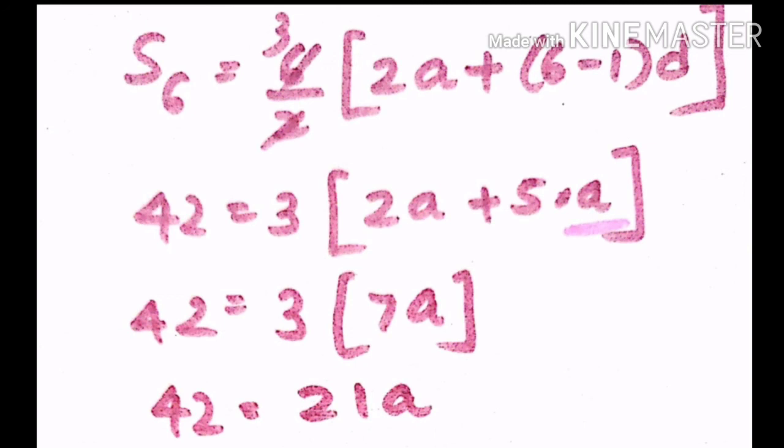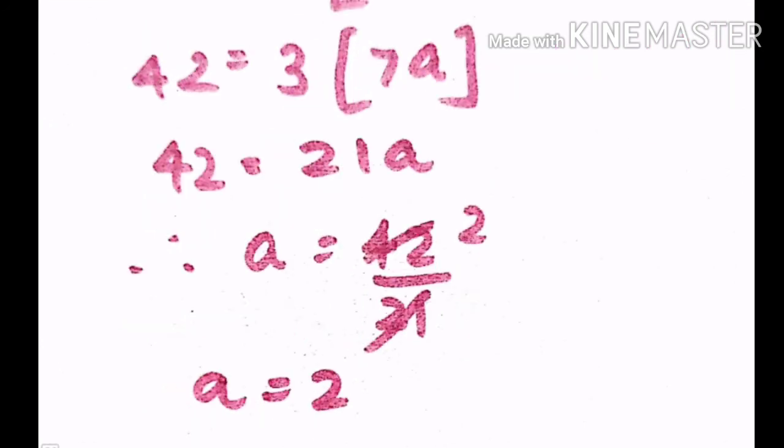Why? That D I have underlined with the pink color, so instead of D I substitute A. So in the bracket 5A plus 2A becomes 7A. So 42 is equal to 7 3s are 21A. By this we find our A value is equal to 42 upon 21, and cancelling, A is equal to 2.